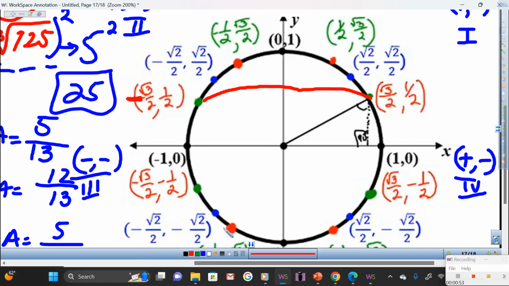Look at the next value. The next value is square root 2 over 2, both. We reflect that over here. It's the same values, but the x is negative. And the last one, if we reflect 1/2, comma, square root 3 over 2 to this side, same values, except for the x is negative.